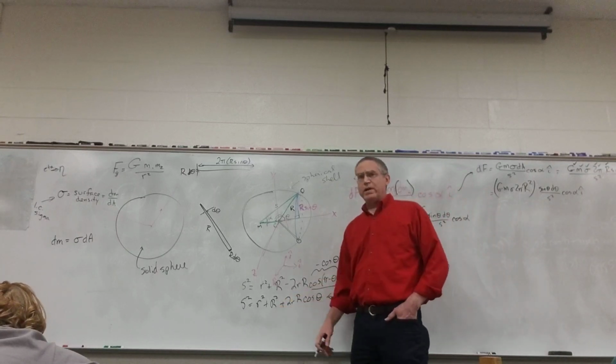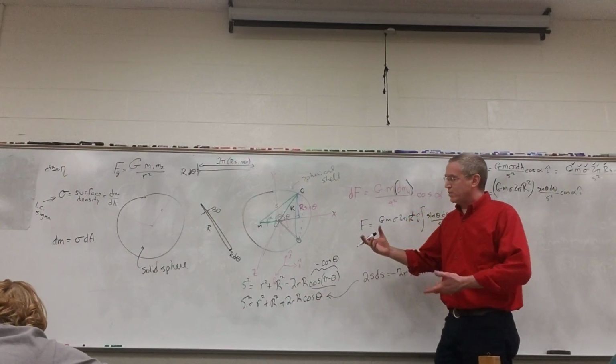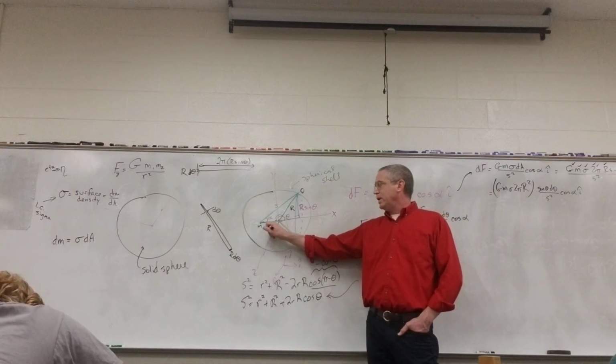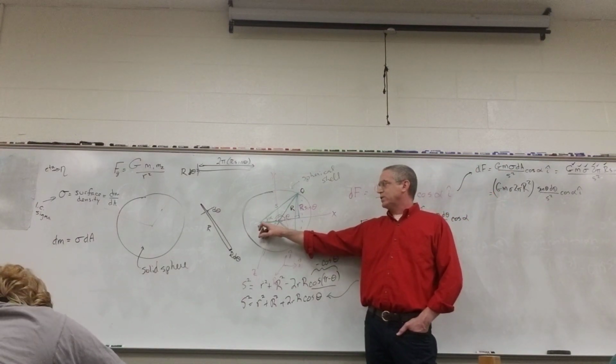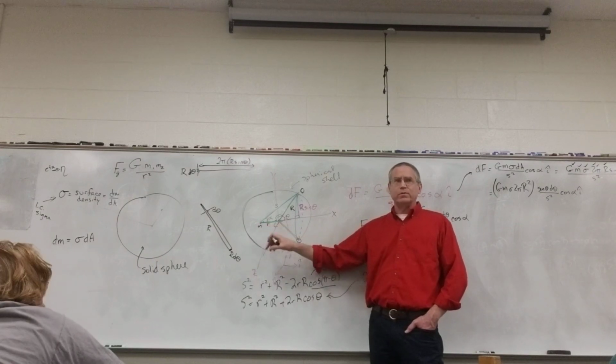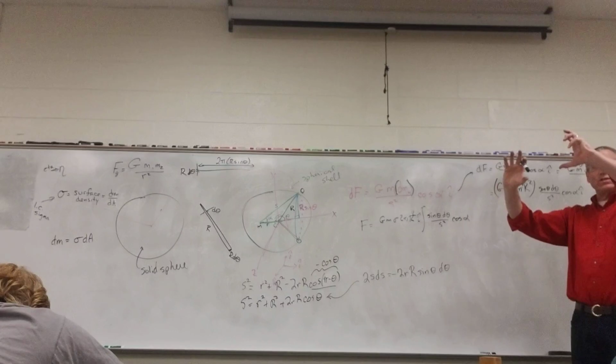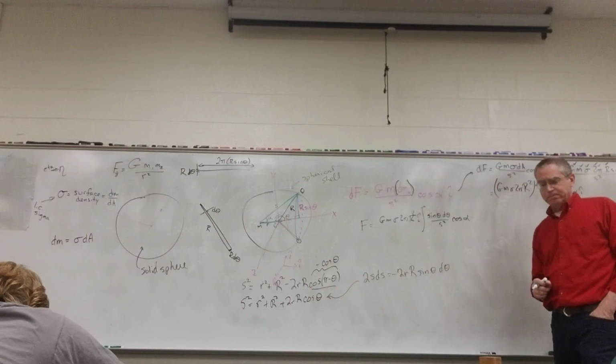Big R is the radius of the sphere, it is a constant. Little r is constant because I'm looking at the force acting on this mass that is a distance r from the center. Changing where the hoop is doesn't change the value of little r or big R.